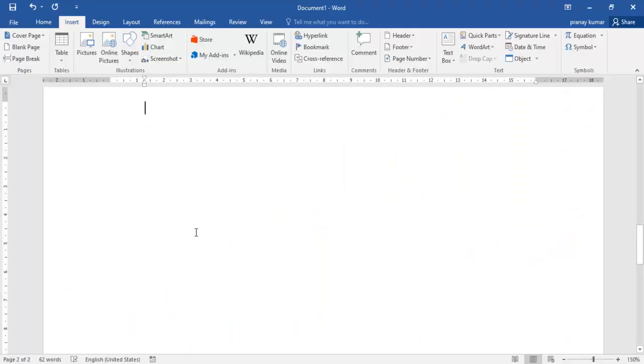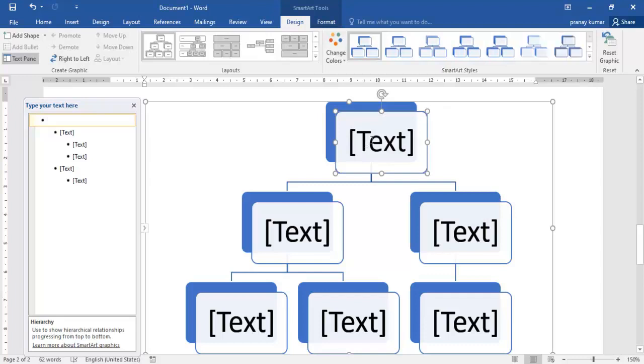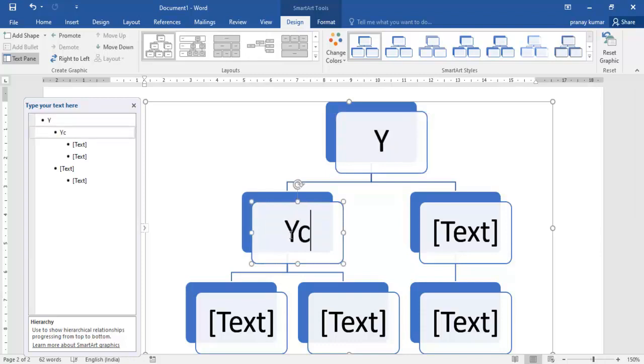So first and foremost, what we have to do is understand that for my project Y, there are only two possibilities. Either my Y will be continuous data or my Y will be discrete data.